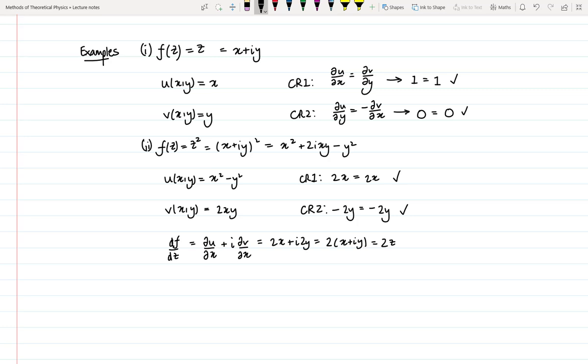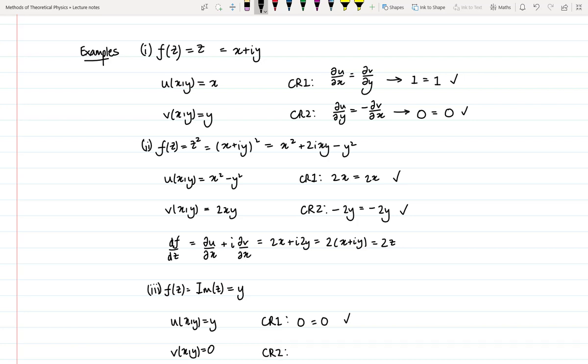A final example, let's consider f of z is the imaginary part of z, in other words, y. Here u is y, and v is 0. The first Cauchy-Riemann condition, du by dx, is 0, dv by dy is 0, so that holds.